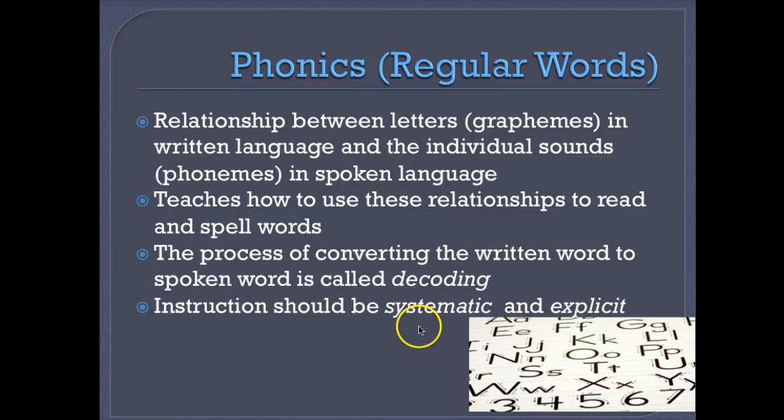Systematic means it follows a scope and sequence that allows your students to form and read words early on. And explicit means the sound spellings should be directly taught. Many of the programs in schools are systematic and explicit when teaching phonics. Phonics instruction is really just giving students a tool to learn how to read and to decode.